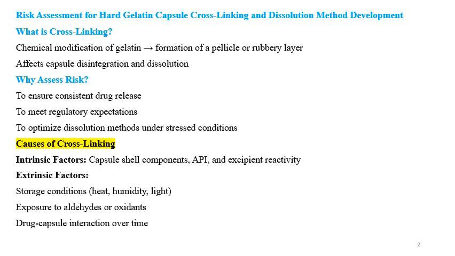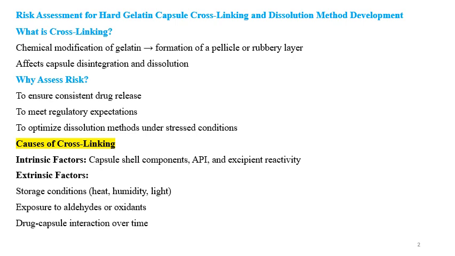Then why do we need to assess the risk? Risk assessment is important and required to ensure consistent drug release, to meet the regulatory expectations, and to optimize the dissolution methods under stress conditions. If you don't do the risk assessment, and if cross-linking happens at storage conditions, then you will get a surprise during the stability studies.